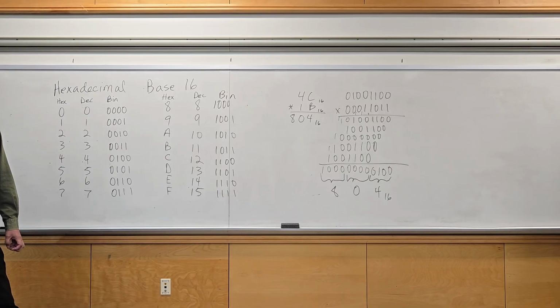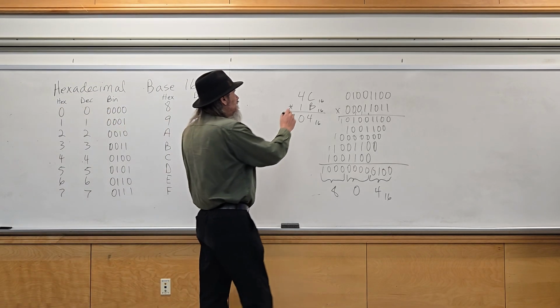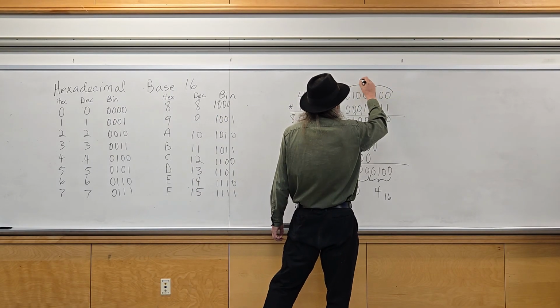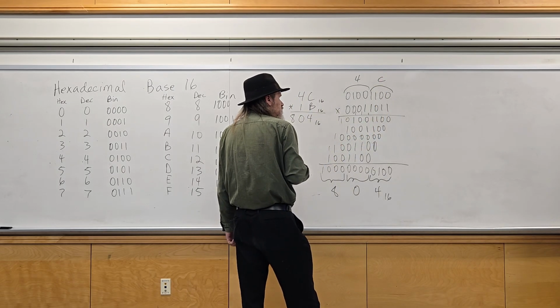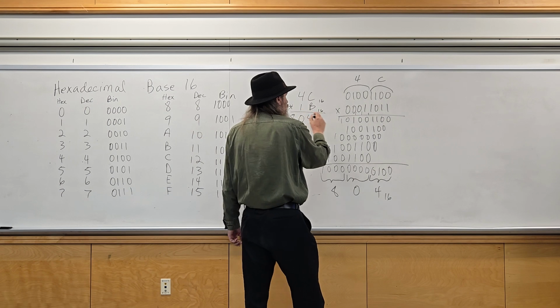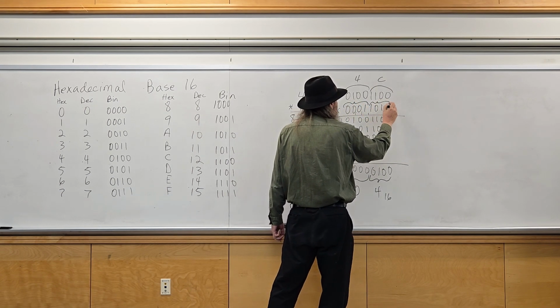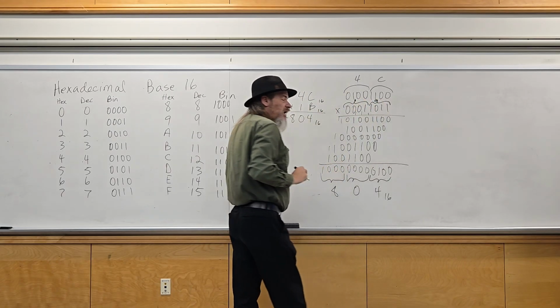Follow that? Kind of, sort of? No? Okay. So for C converted to binary, and then 1B converted to binary.